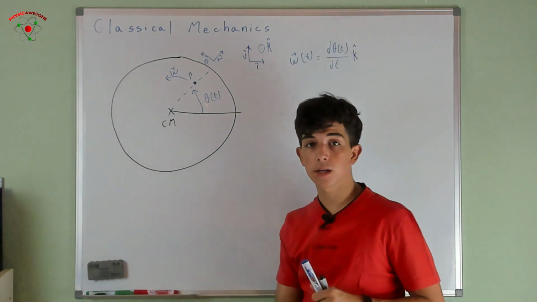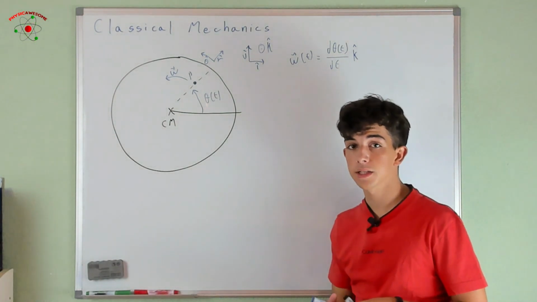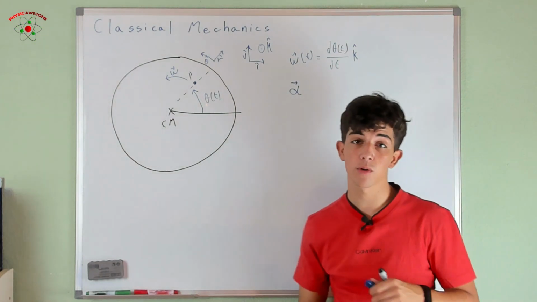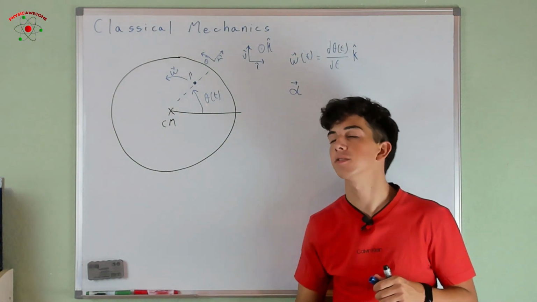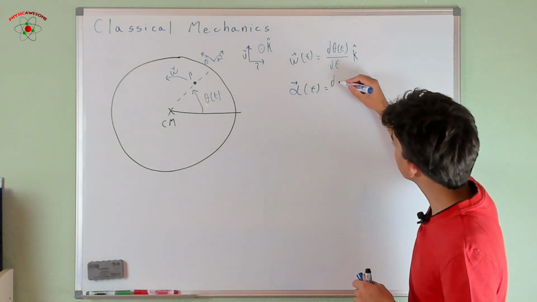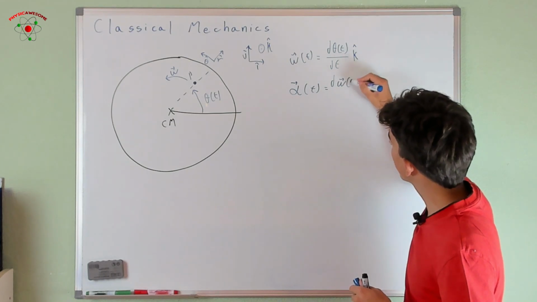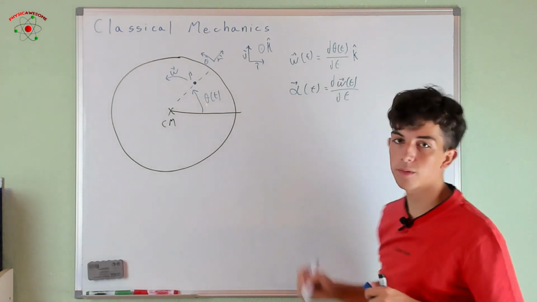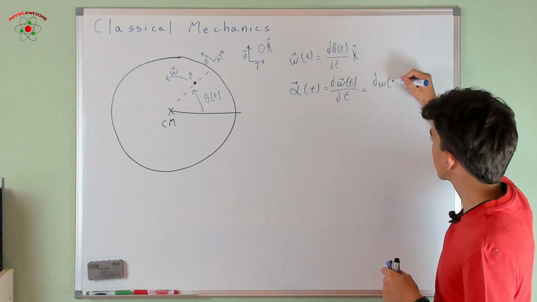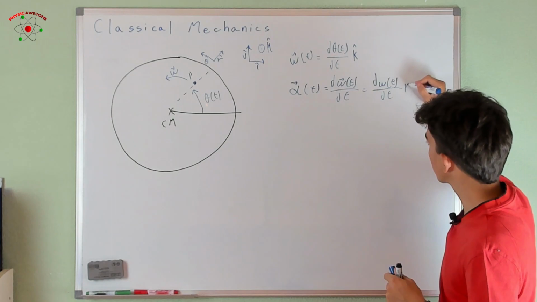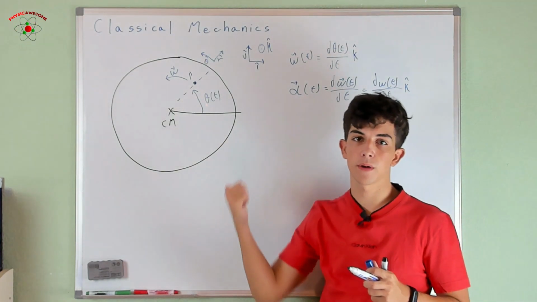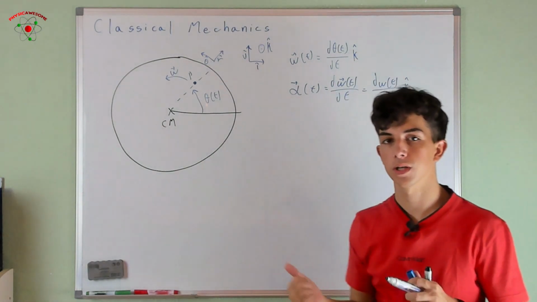Now, similarly, if we carry a similar analysis, we can reach the conclusion that alpha, which is our angular acceleration, also a function of time, is going to be once again the derivative, this time of the angular velocity, and we can take that vector out of the equation, and you see it also follows this k hat and minus k hat convention when rotating.